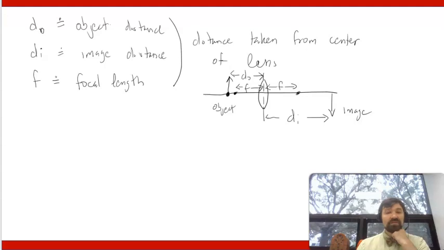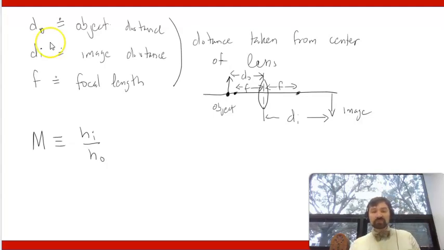The other piece that we've got to define to make this work is lateral magnification. So the magnification, or lateral magnification, M, is defined by the height of the image divided by the height of the object. So what are these HO and HI?